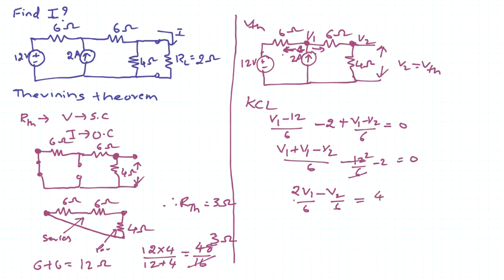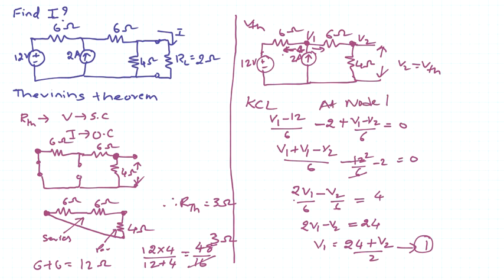Okay, so 2V1 minus V2 is equal to 24. This 6 is multiplied here, so V1 is equal to (24 plus V2) by 2. So this is one equation at node 1.